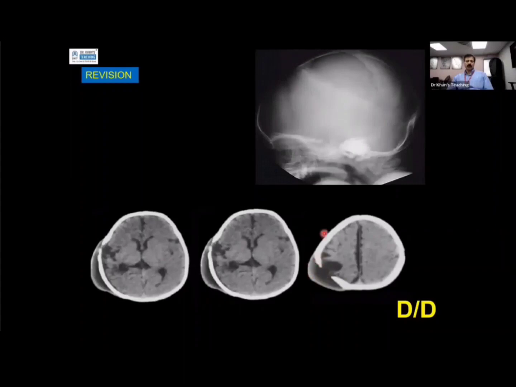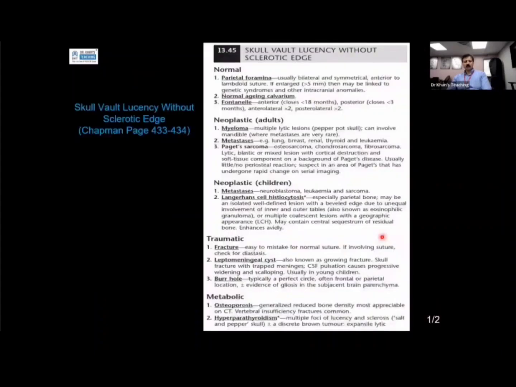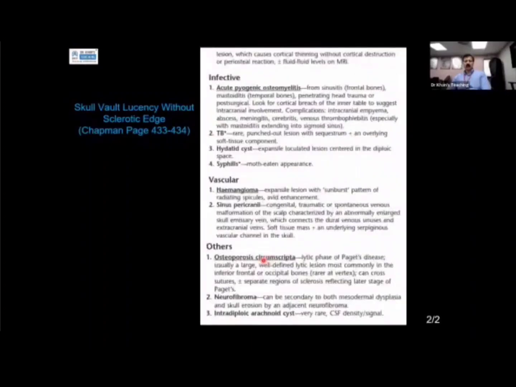This is the concept of a leptomeningeal cyst. We have covered this in the past: skull wall lucency without a sclerotic edge. This is a leptomeningeal cyst, also known as a growing fracture.